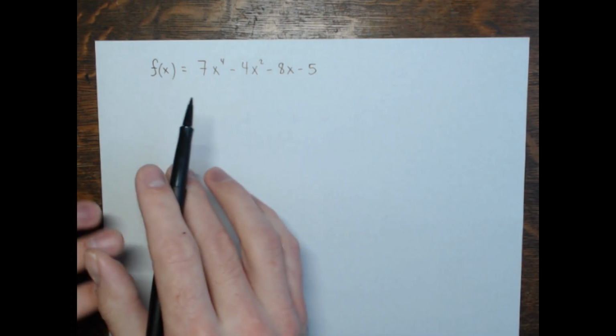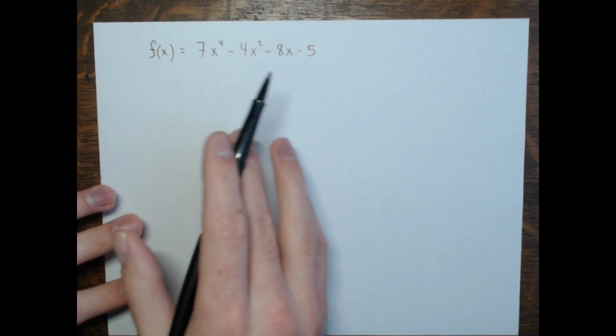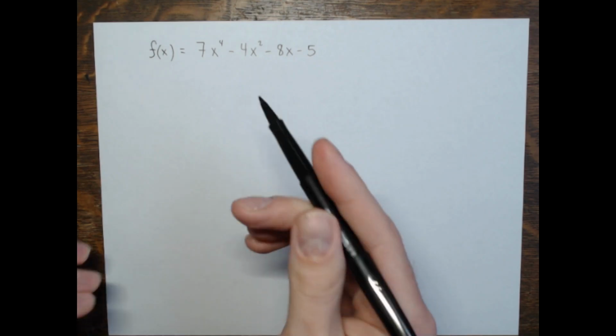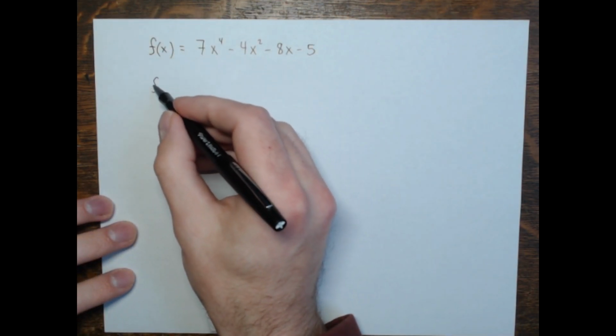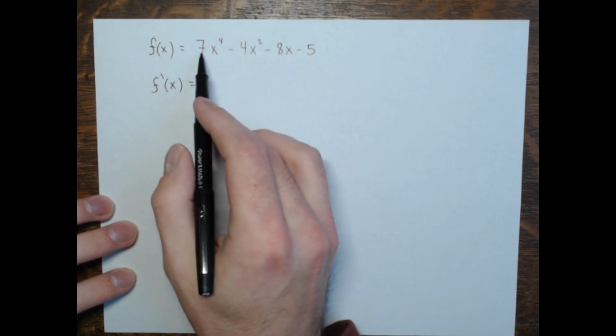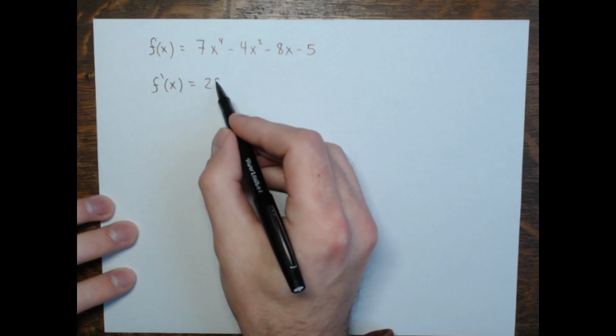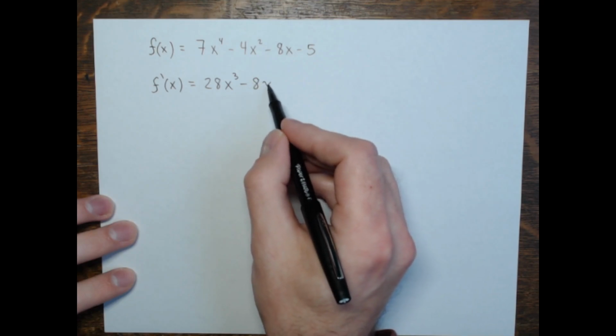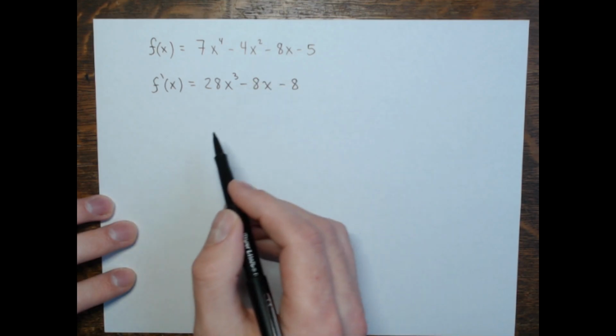And again, we're asked about concavity. Where is this thing going to be concave up? Again, they could ask about concave down as well, but when you're talking concavity, you have to go to the second derivative, right? So the first derivative would be 28x cubed minus 8x minus 8.